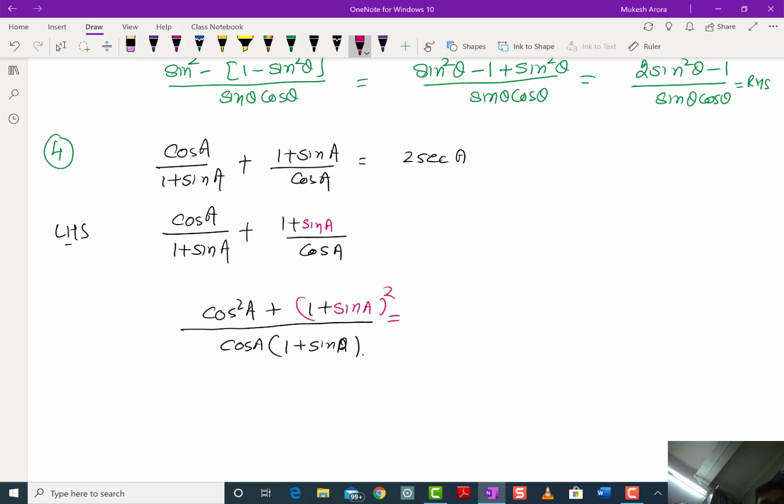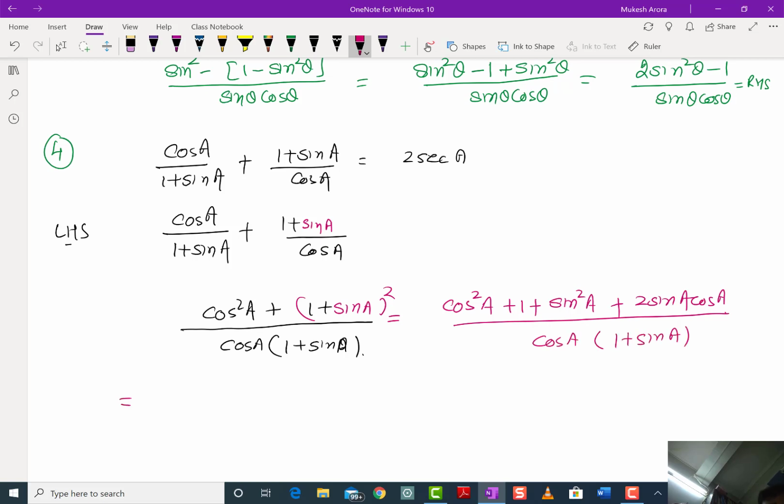We'll open the bracket. It will be cos square A plus 1 plus sine square A plus 2 sine A, upon cos A into 1 plus sine A.